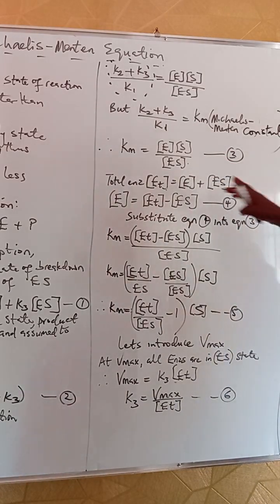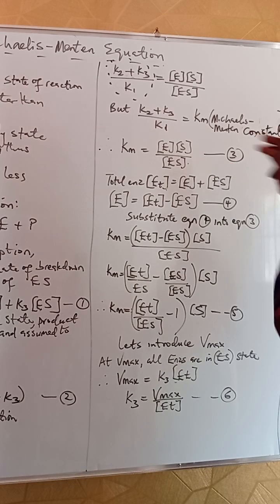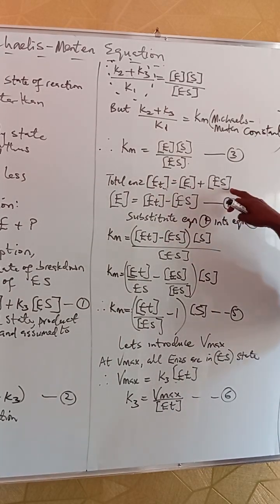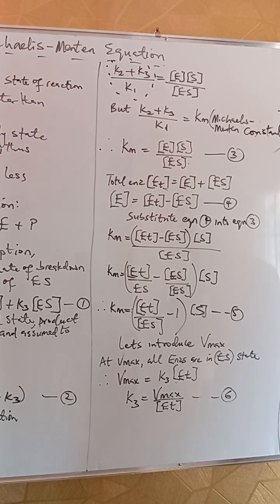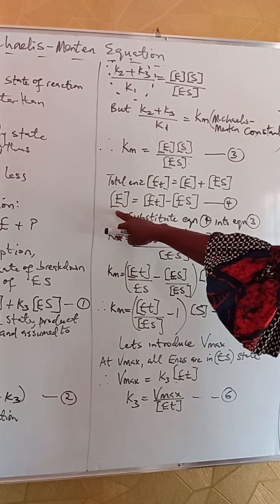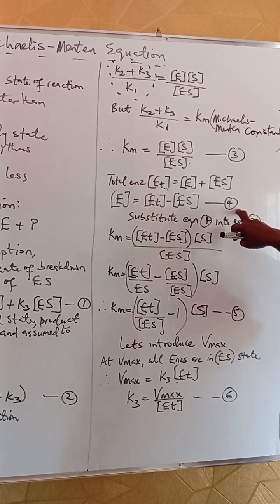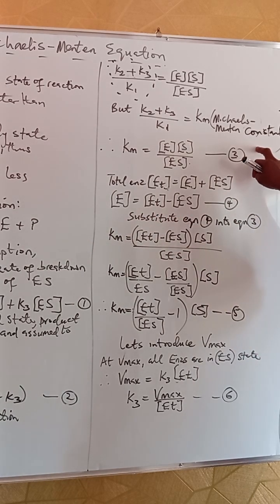Now, going further from this step 3, we'll remember that total enzyme in the system is free enzyme plus the enzyme substrate complex. So we have this. If we make free enzyme the subject of the formula, we arrive at equation 4 from equation 3. Now, equation 3 is on its own.